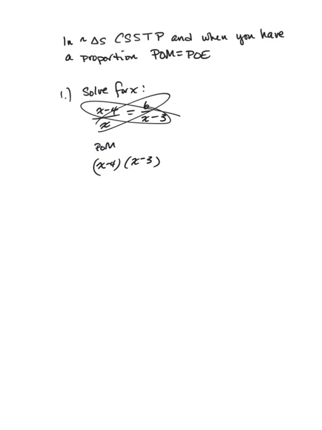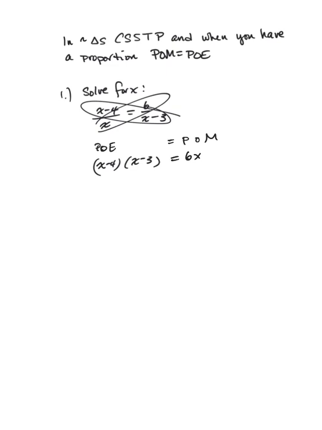Oops. All right, so I meant to put extremes on the left. Product of the extremes is the product of the means here. So the means are 6 times x.